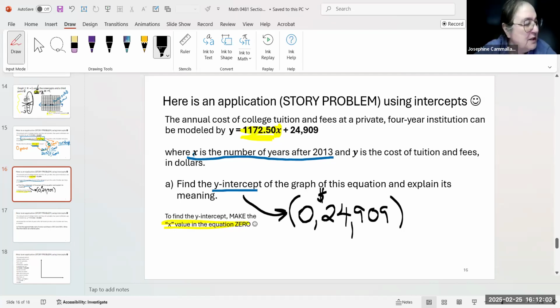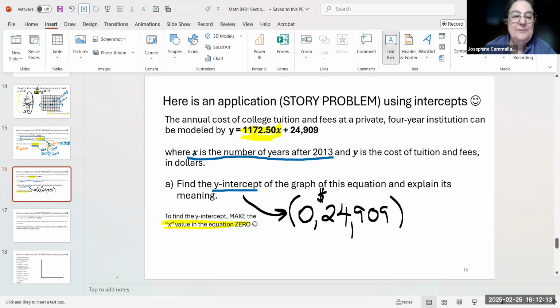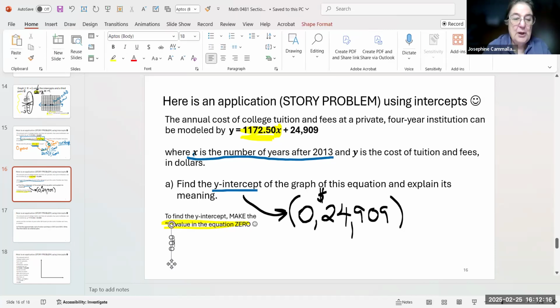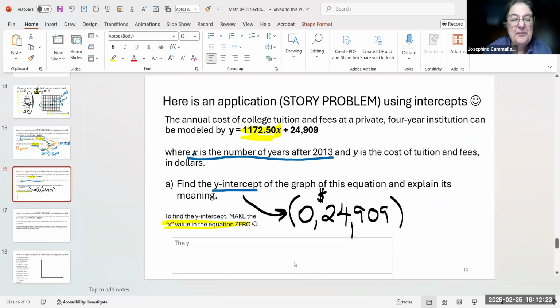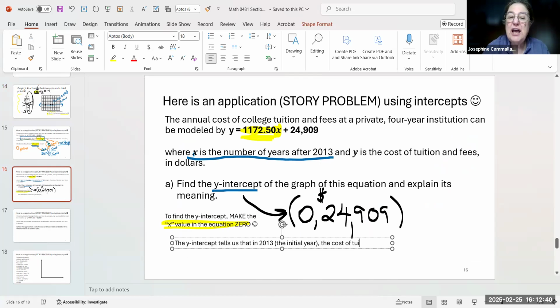Okay. So let's type it out here. The Y-intercept tells us that in 2013, the initial year, the cost of tuition and fees is $24,909.